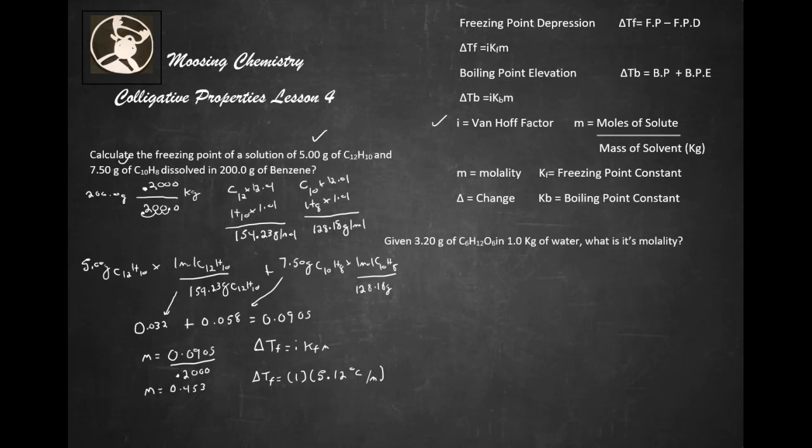Where do I get that number? Well, unless you memorize it, you have to really look it up, okay? Times the molality, which is going to be 0.453 little m. We should have put a little m there.